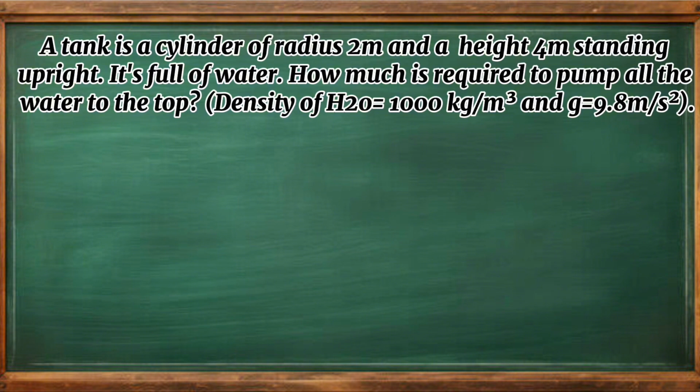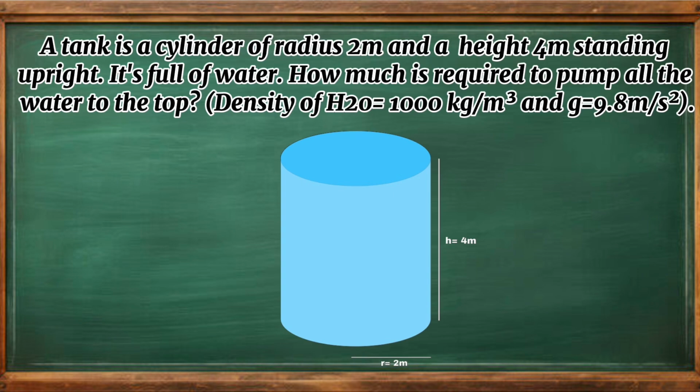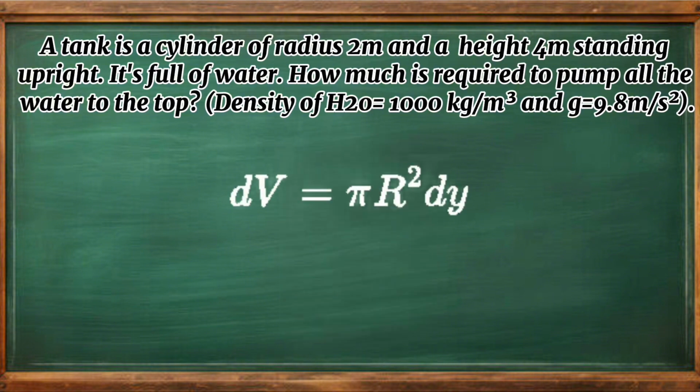Here is our drawing. The volume of a thin horizontal slice of water at height y is given by dV equals pi r squared dy. Then, we plug in our r, which is 2 meters. Therefore, we have dV equals pi times 2 meters squared dy.